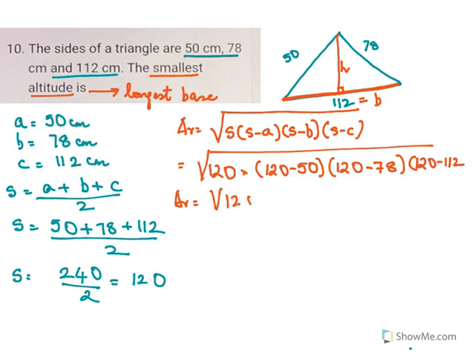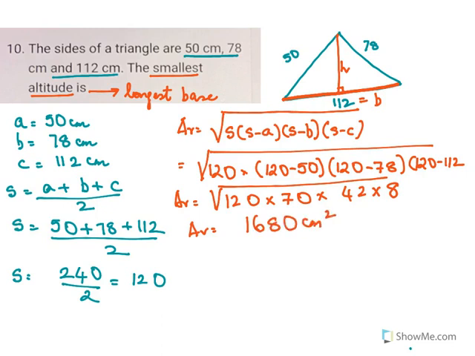So area is 120 into 70 into 42 into 8, and you break this up, you get the answer 1680 centimeter square. Now we go to the next part of the sum.